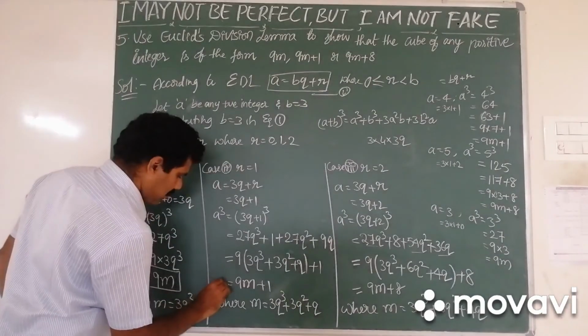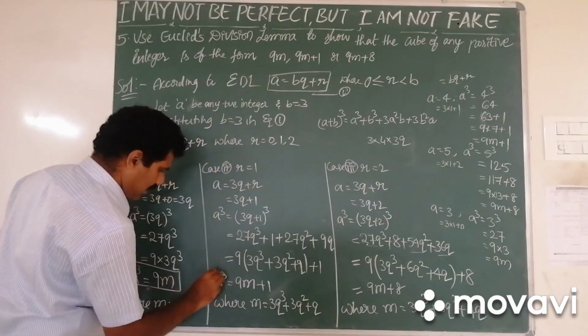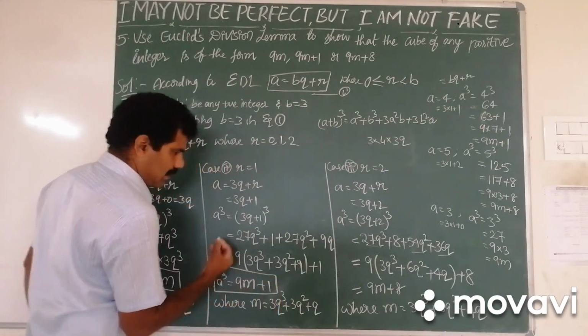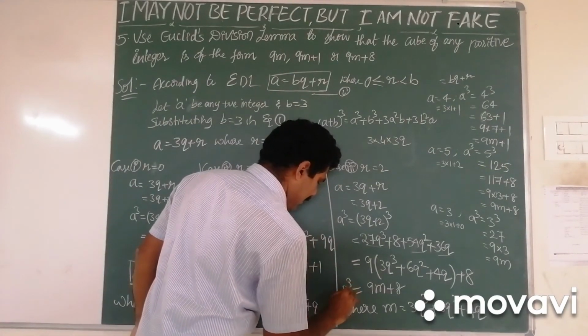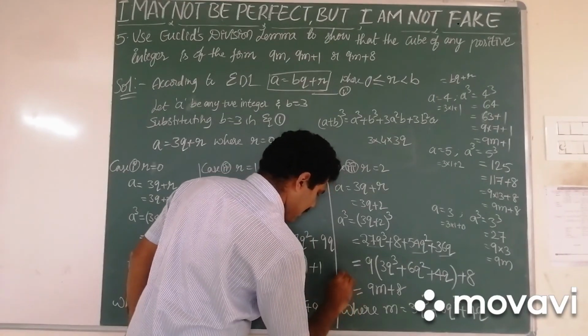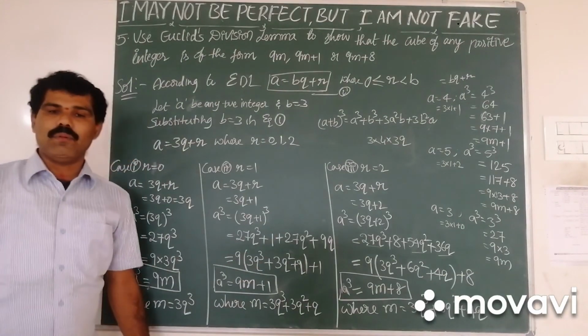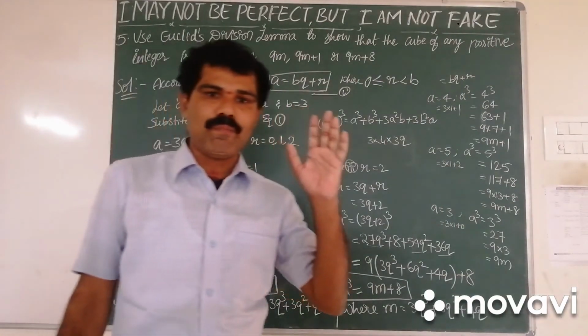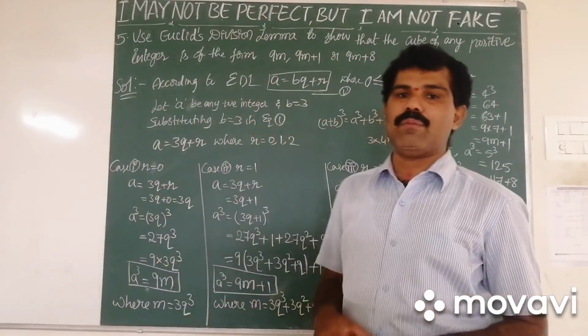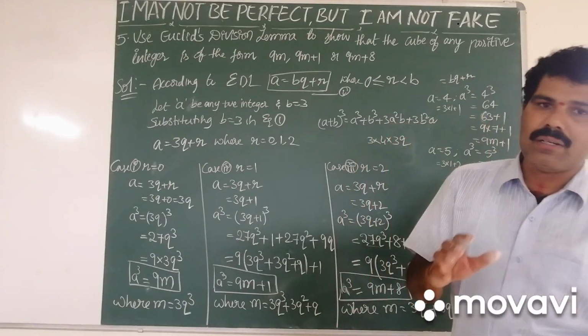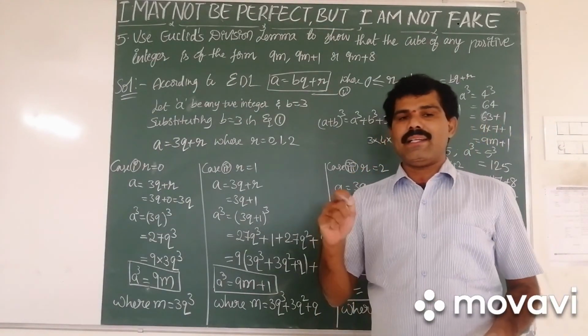See here 9m, here 9m plus 1, and here 9m plus 8. So according to the problem, we have shown that the cube of any positive integer can be written in the form of 9m or 9m plus 1 or 9m plus 8.